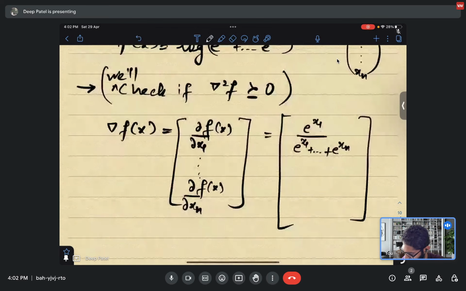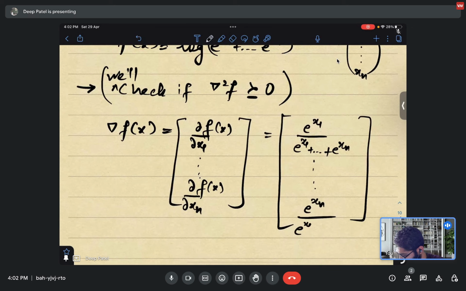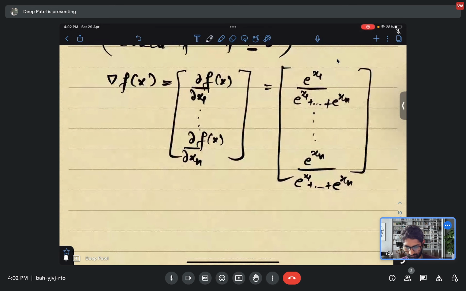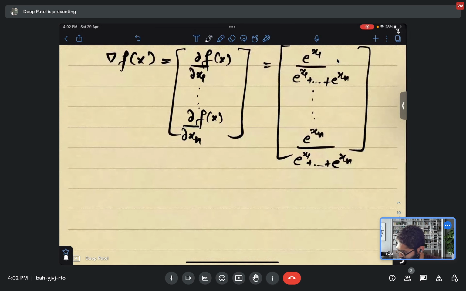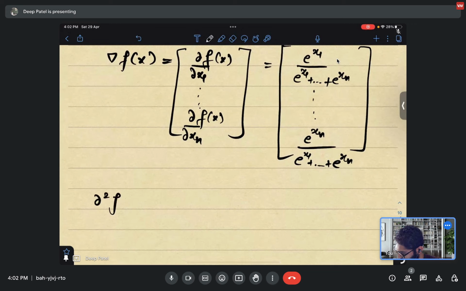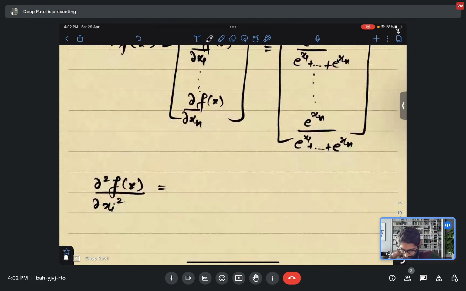Similarly for each of the components, e to the xn over e to the x1 plus ... plus e to the xn. That was easy, but it seems complicated now that you have to compute the next set of derivatives. So what we now want is del 2 f of x by del xi squared. How do we do that?